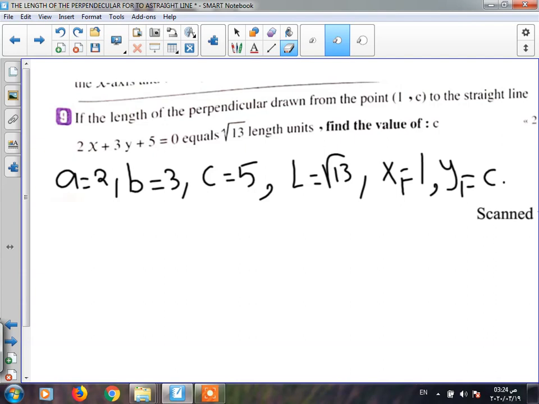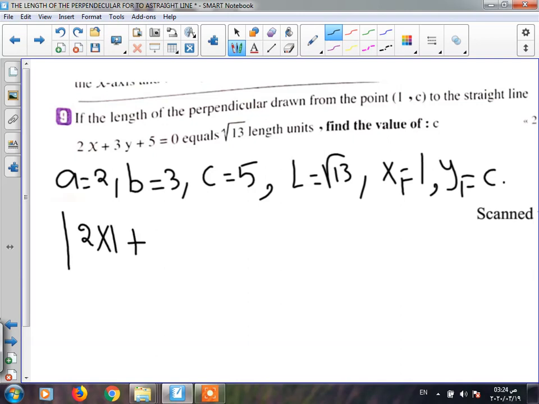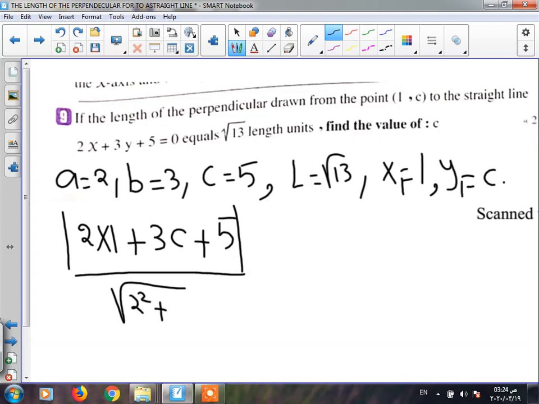In this case, we apply the rule: the absolute value of A x1 plus B y1 plus C, which is absolute of 2 times 1 plus 3 times C plus 5, all over the square root of A power 2 plus B power 2, 2 power 2 plus 3 power 2, this is going to be root 13.